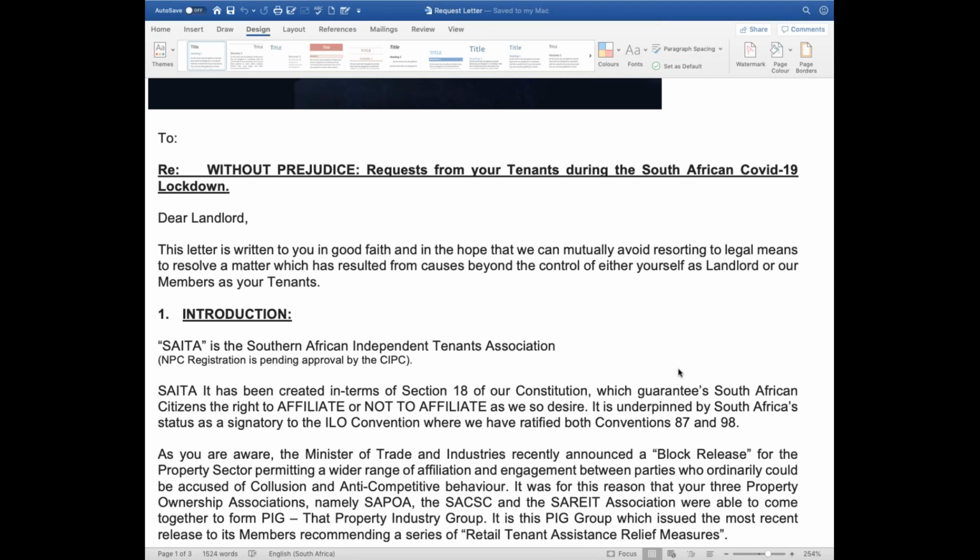Just to remind you, the principle then is that once we've finalized what's in this letter and how it looks, we will then be asking you to sign the appendix to the letter, because the letter does refer to an appendix which lists the tenants on whose behalf this application is being put to the landlord through the managing agent to consider.